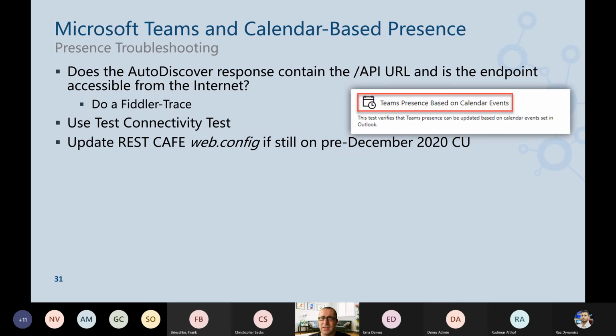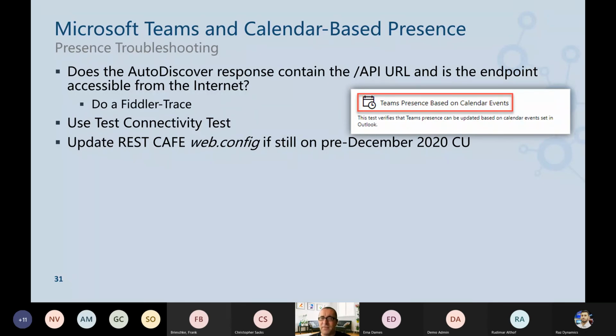This request to the API endpoint failed until December 2020 due to a misconfiguration of the web.config for the REST endpoint, which was fixed if you have installed the December 2020 cumulative updates.